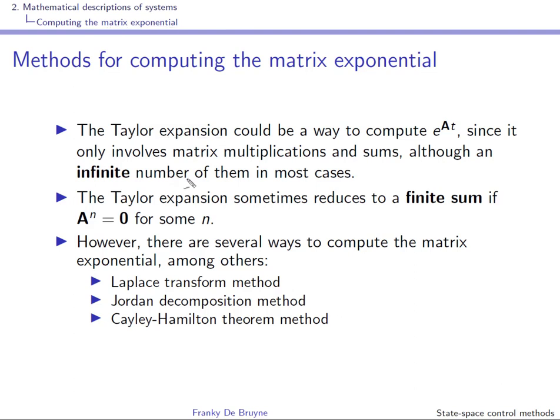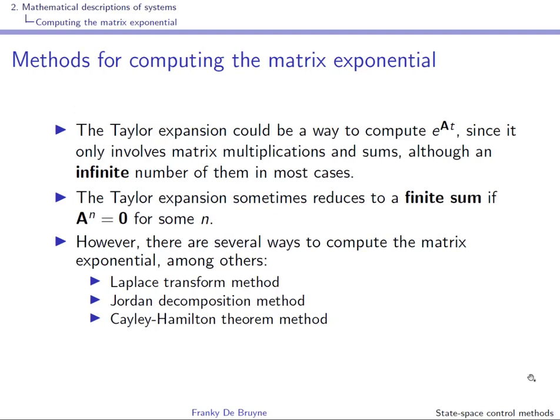Some additional information here: if there exists an n such that A^n is equal to the 0 matrix, then obviously A^(n+1) will be the 0 matrix, A^(n+2) will be the 0 matrix, and in fact every power higher than n will be the 0 matrix.